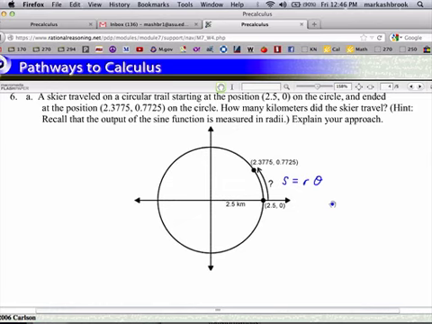So the key is that arcsine, its function, it doesn't know about kilometers, it doesn't know about miles or millimeters or centimeters. What does it take? It takes height in radius lengths, right? So we've got to make sure that what we're putting into arcsine is radius lengths. That's what it operates on.